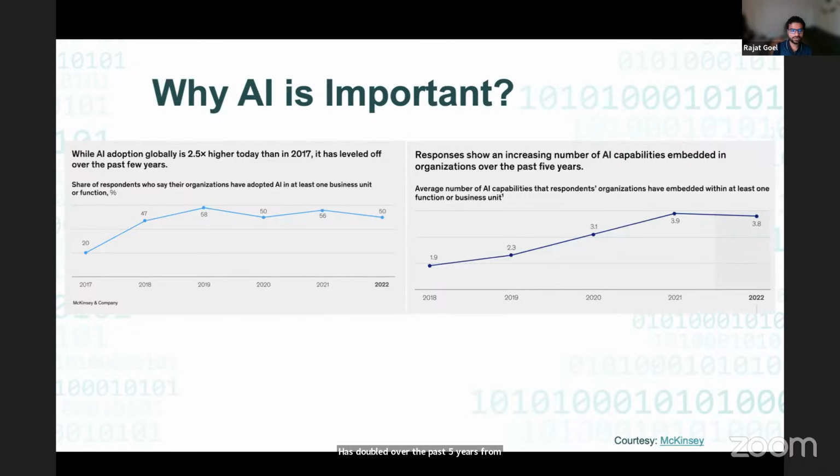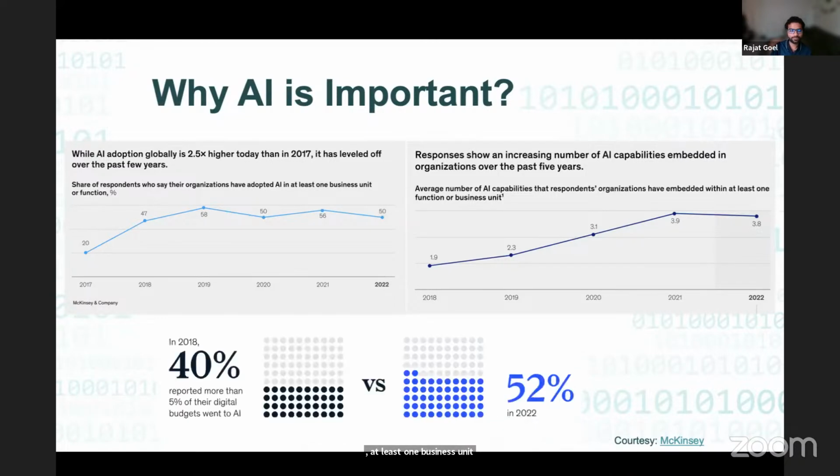From 2018, where we had on average 1.9 capabilities included in one of the business units, we now have 3.8 capabilities on average in at least one business unit within the organization.